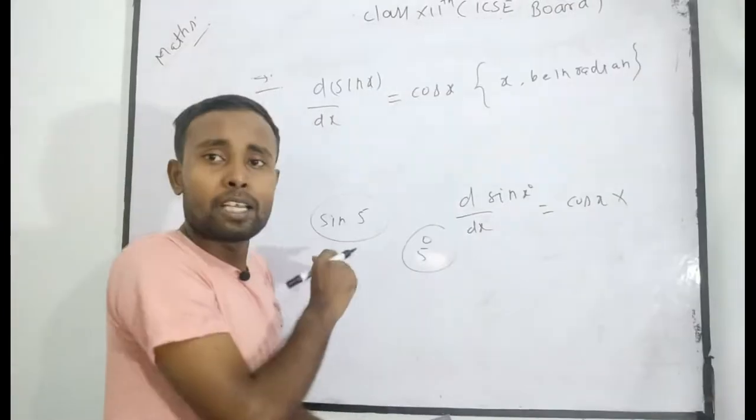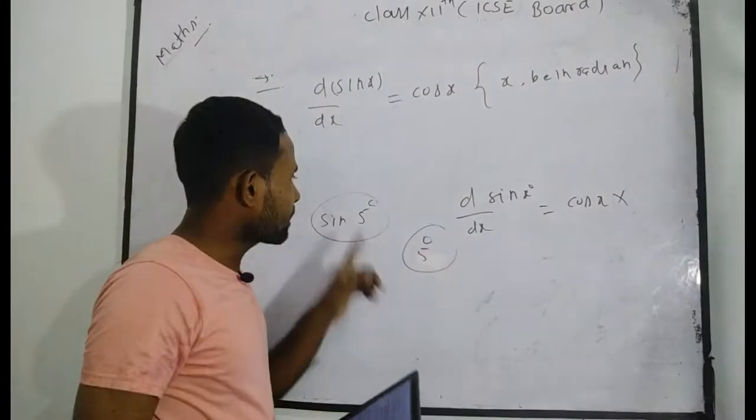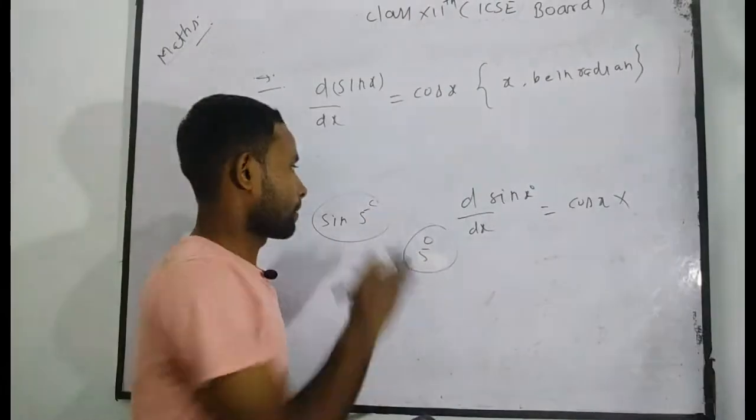Radian is denoted either by c on its upper part or by nothing.